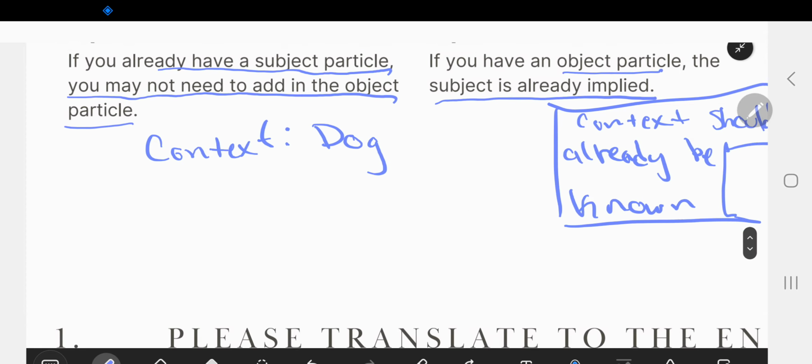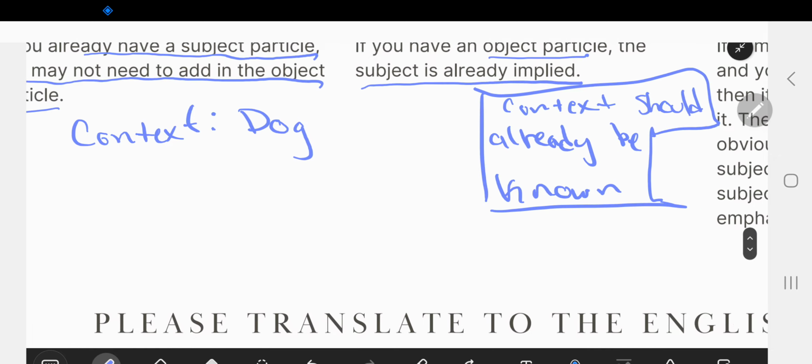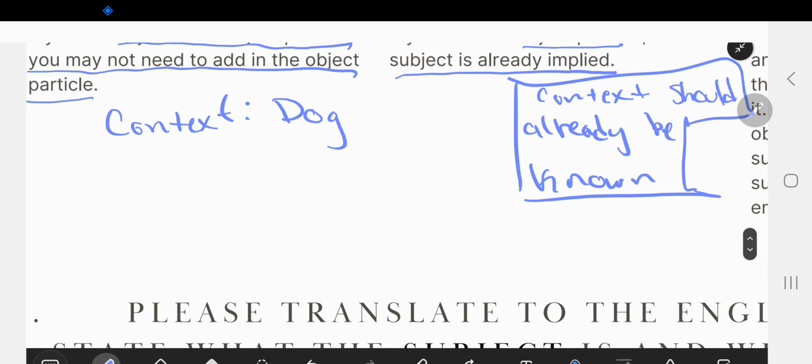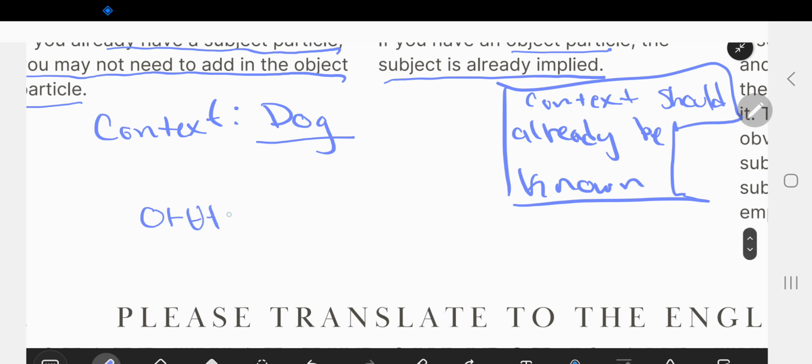Now, if I say something like, let's say the dog and, so we're talking about the dog right now, and then the dog likes your dad the most. Then you would say 아빠를, I'll say 아버지, let's say 아빠, dad. That's a little chill. 아빠, and then I'm going to add the object particle here. 아빠를, and then loves, 사랑해요.